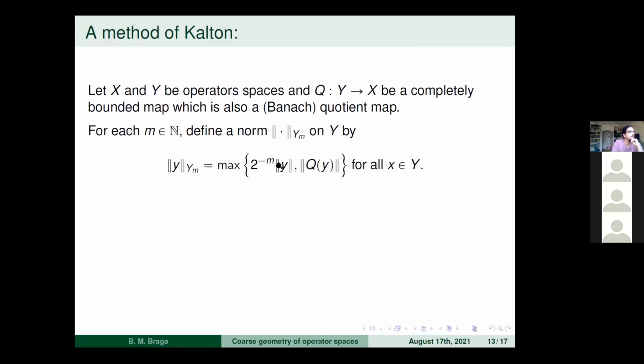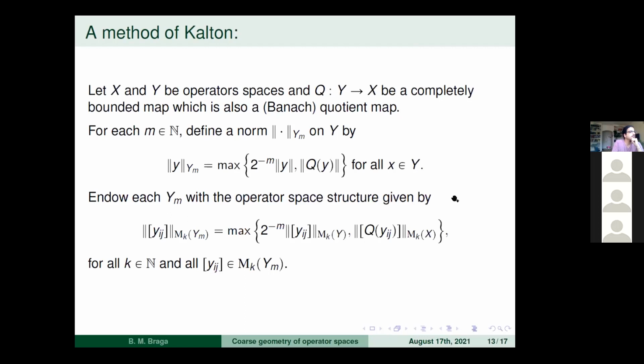I'm looking at this scalar multiple of the norm of Y, and then I'm considering what happens in X by Q like this. This not only gives us an equivalent norm on Y, but actually an equivalent operator space structure on Y, which you can define like that.